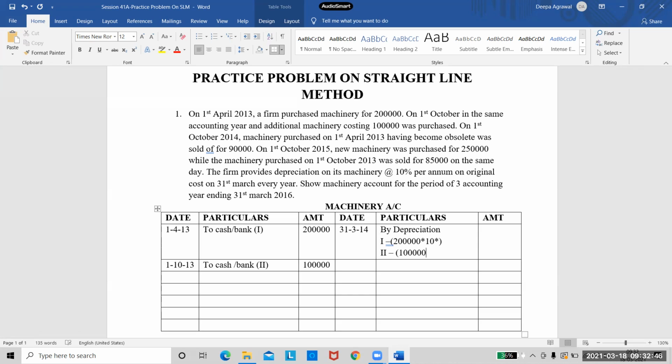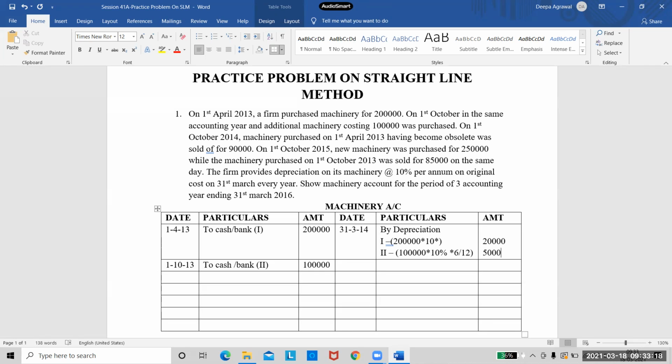So 1 lakh into 10% into, it was purchased in October. So how many months? October, November, December, January, February, March. 6 months. So into 6 by 12. So write the amounts now. First machinery amount would be 20,000. Write the amount for second machinery. 10,000 into 6 by 12. That would be 5,000.